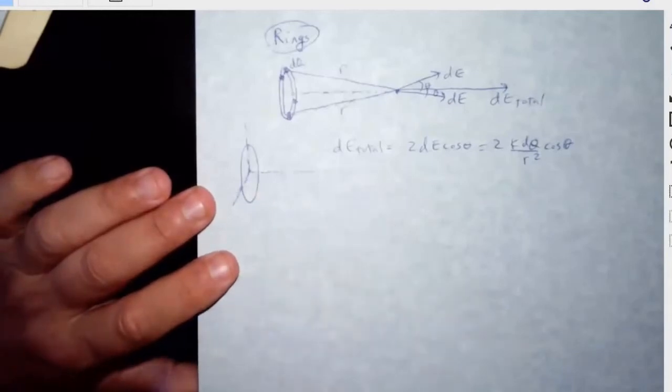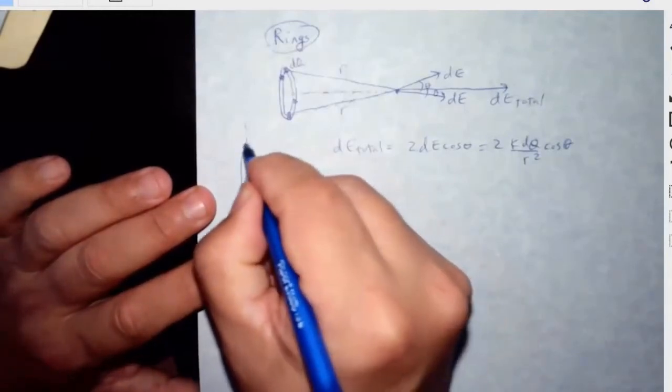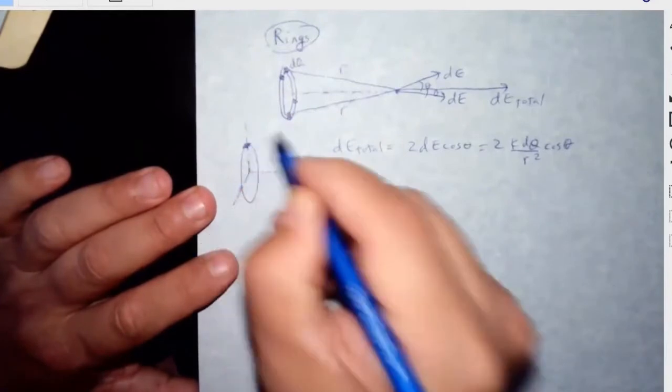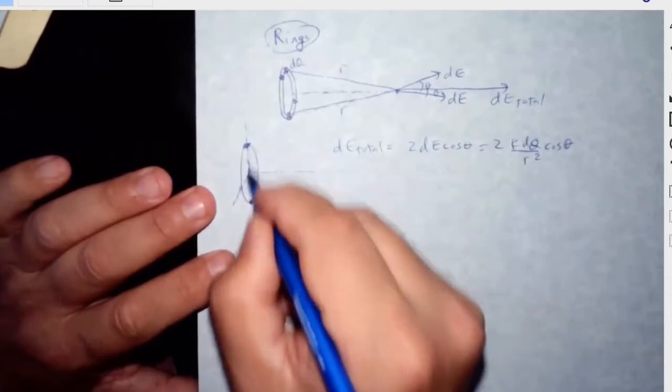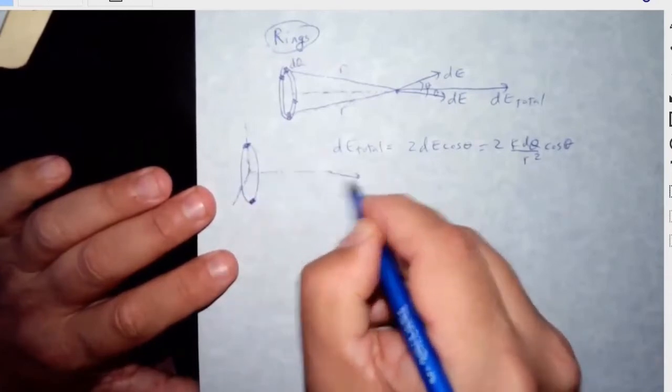That kind of helps a little bit, right? So you're taking a piece from here up there, then taking a piece from here, and those two will create an E field like this, like this.